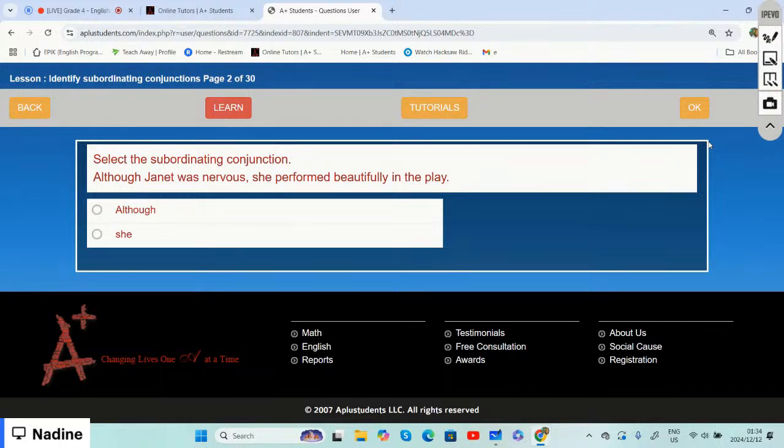We need to select the subordinating conjunction. Although Janet was nervous, she performed beautifully in the play.